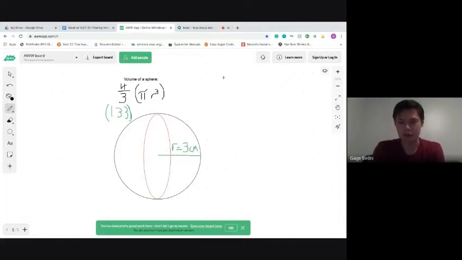We start with 4/3 in parentheses, pi, 3 to the third power. Okay, so 3 to the third power is 3 times 3 times 3.